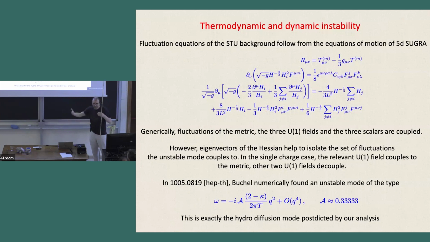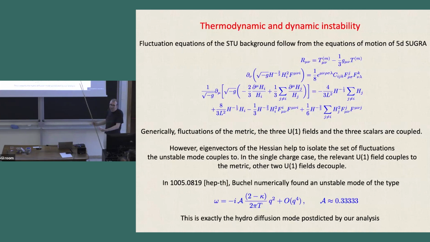The eigenvector tells you that, or you can also do a rotation if you want, but sometimes you don't have to. In this particular case of single kappa, the relevant U(1) field couples to the metric. So you have the metric, the gauge field and the scalars coupled. But two other U(1) fields decouple. Just a fact of life.